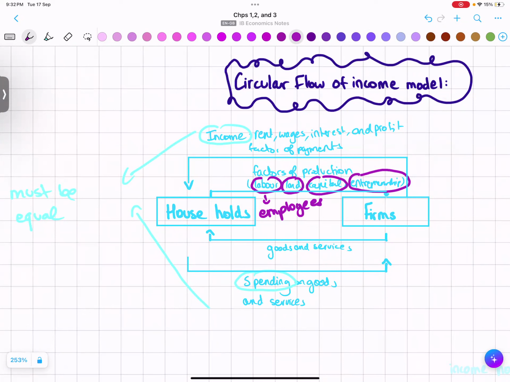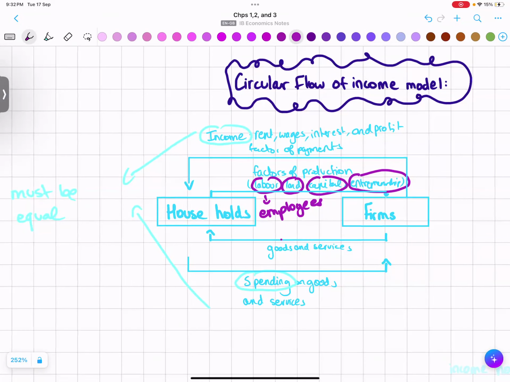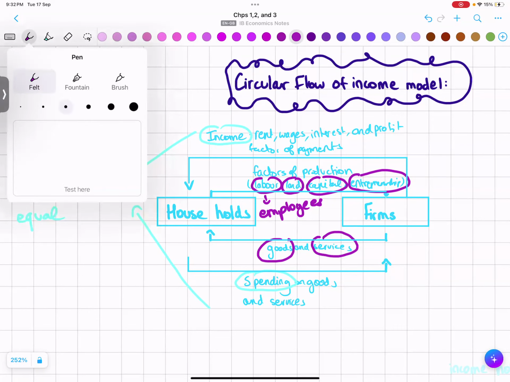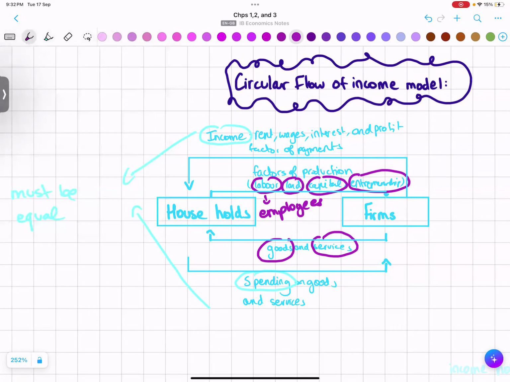Then you have firms, what they offer to households. Firms sell them goods and services. I'm just going to give you examples of goods and services because we're still in the first part of IB economics. Services can be cleaning services, for example.